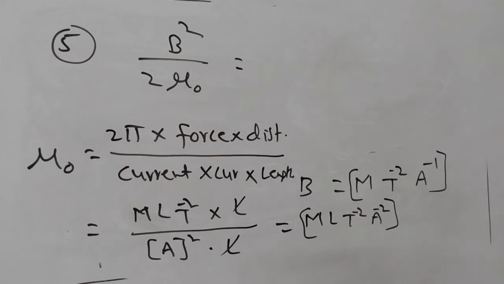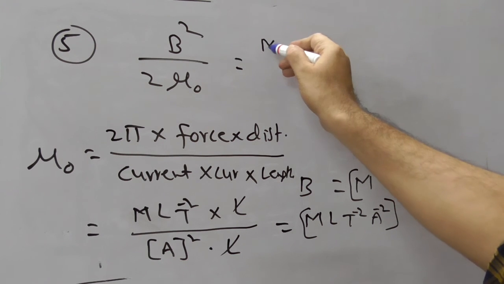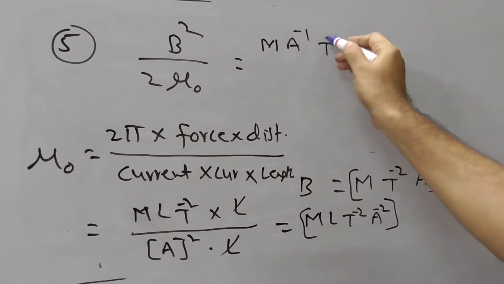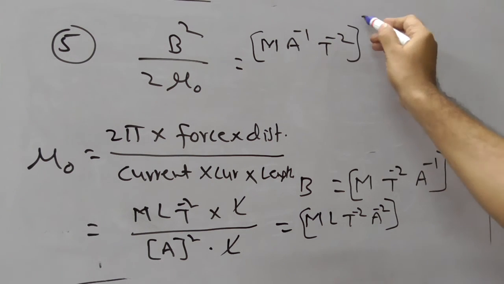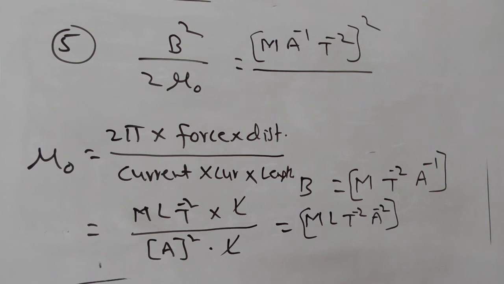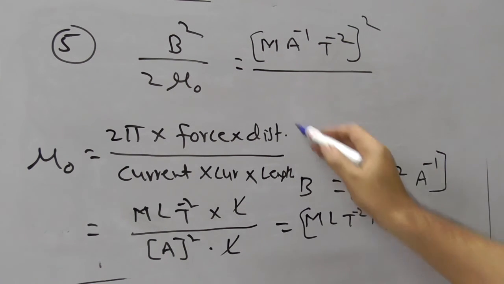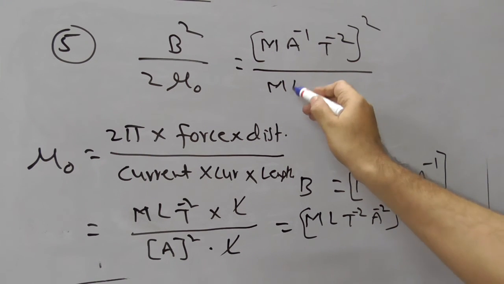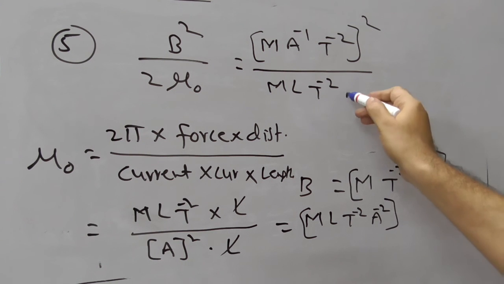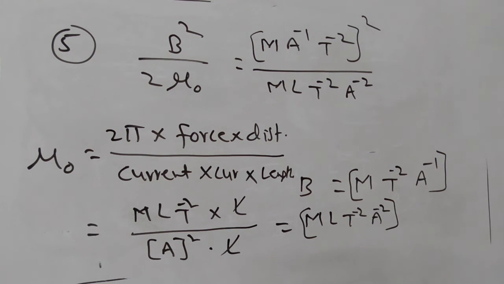Given in mains, B is M A minus 1 T minus 2, whole square, by mu naught. Here the dimension formula is given, so the 2 is negligible, and we write mu naught as M L T minus 2 A minus 2, right?